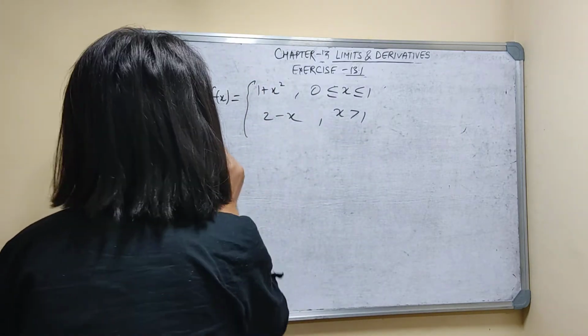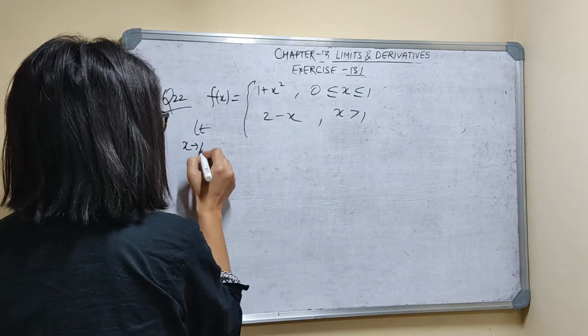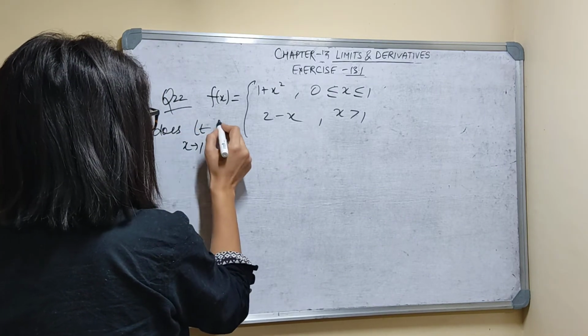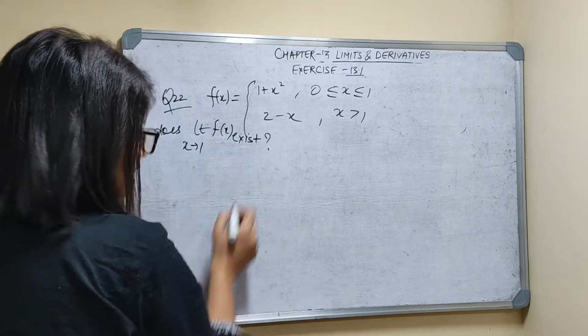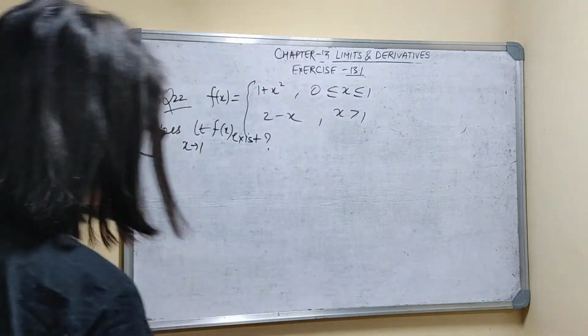Does the limit as x tends to 1 of f(x) exist? They are asking, does it exist?